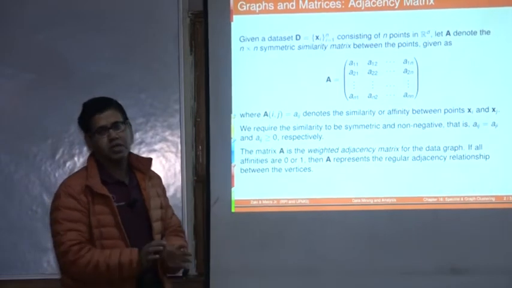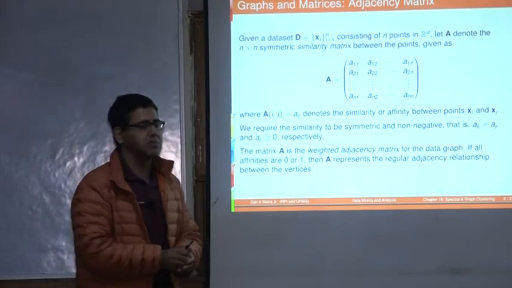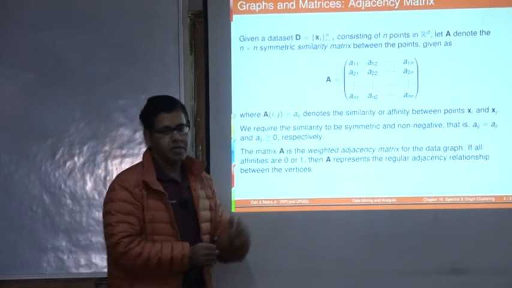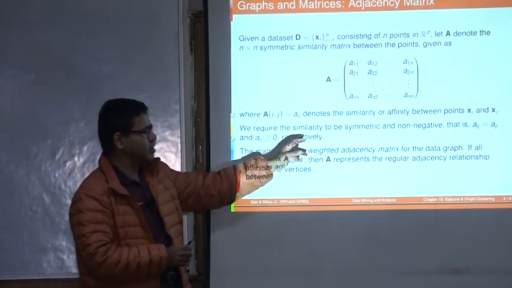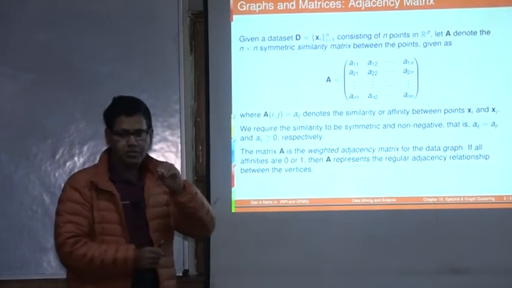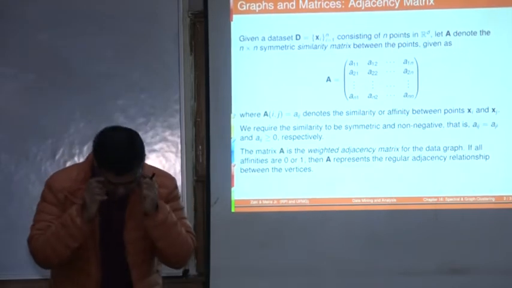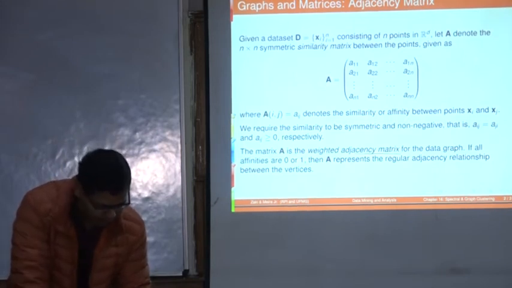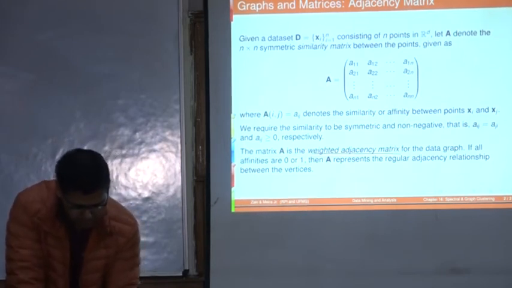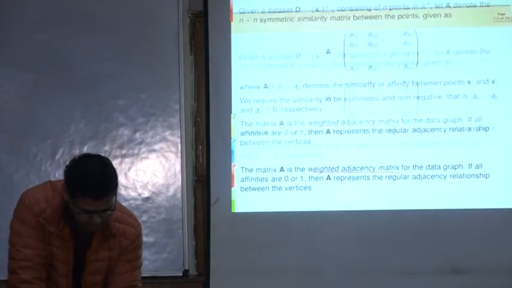So these are the only two conditions we're going to impose on this weighted adjacency matrix, or similarity matrix: it should be symmetric, and each entry should be non-negative. This is the standard adjacency matrix that we talked about, and if you have weights, it becomes the weighted adjacency matrix. This matrix is going to play a key role.